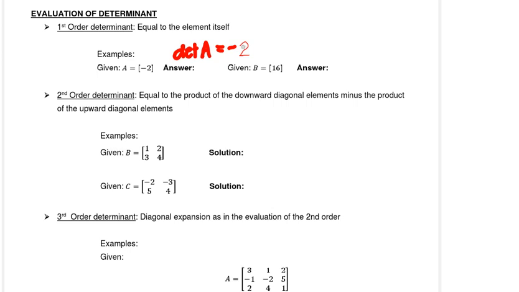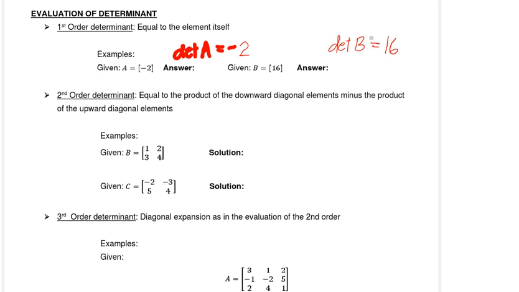So, equal to the element itself. So, next, we have here given matrix B. So, evaluate natin yung first order determinant ng given matrix B. So, yung determinant of B natin is the element itself, that is equal to 16. So, that is our first order.